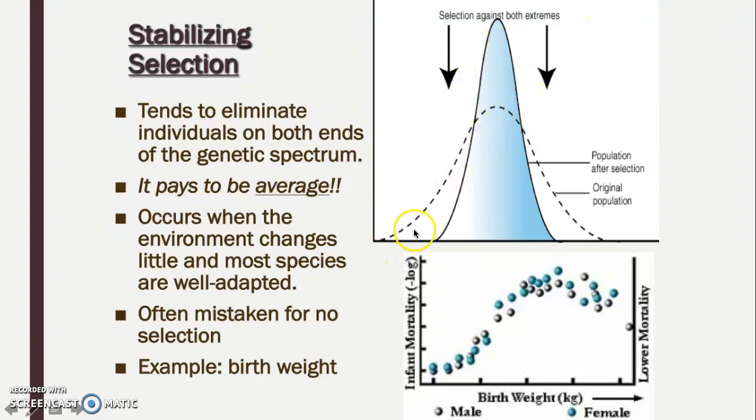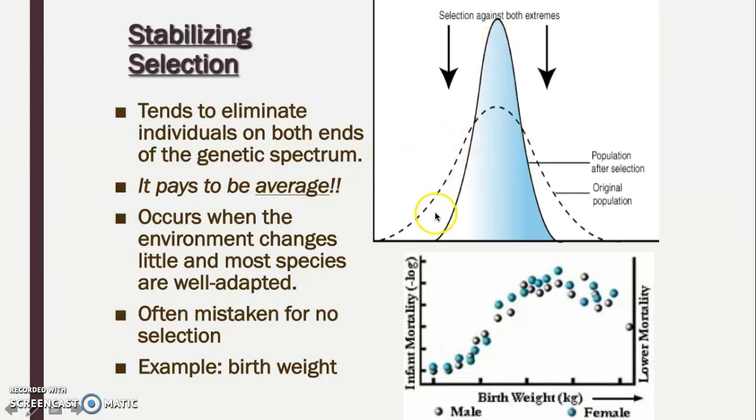If you have a baby with a very, very low birth weight, they're less likely to survive. And having a baby with a really, really high birth weight is not healthy either. So that's interesting. Actually being right in the middle is the best. It's the healthiest way for a baby.